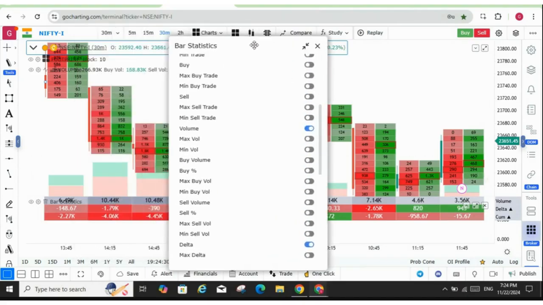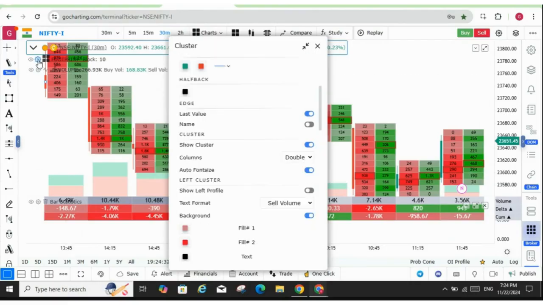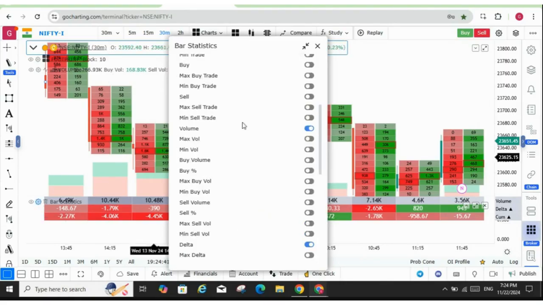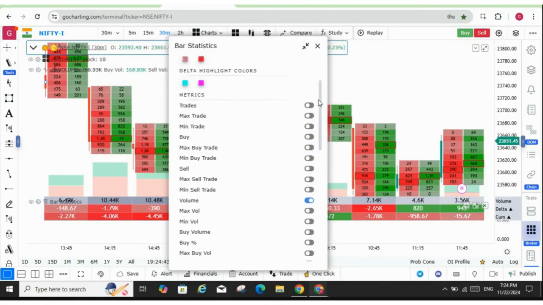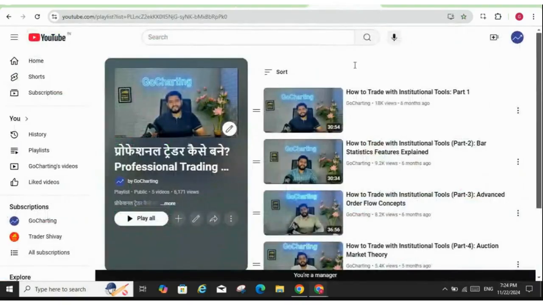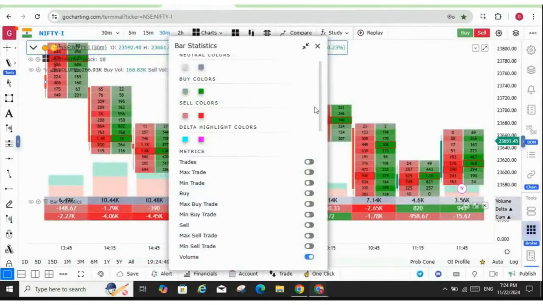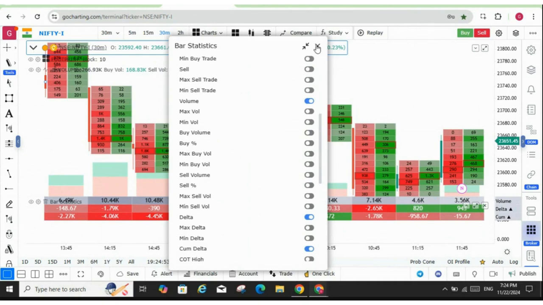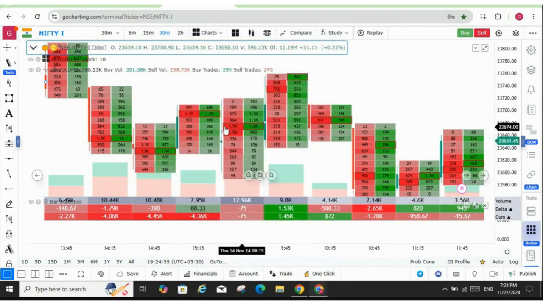You will see almost similar options here, and these options are automatically included in the bar statistics options. So you can explore the second video, where we have explained all these features. You can understand each of them in great detail, and this will make your concepts very clear.